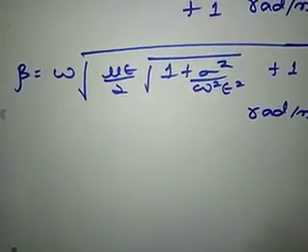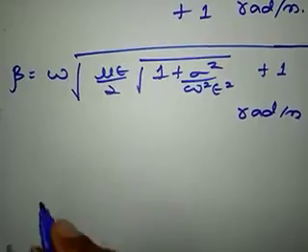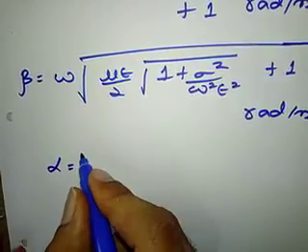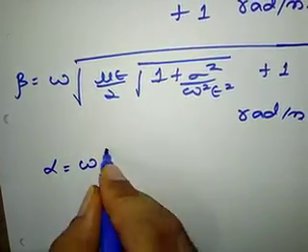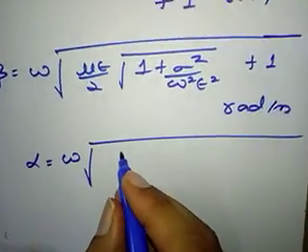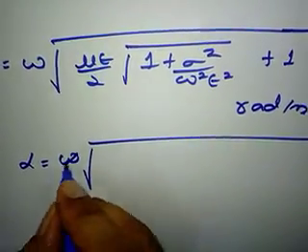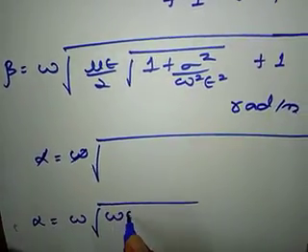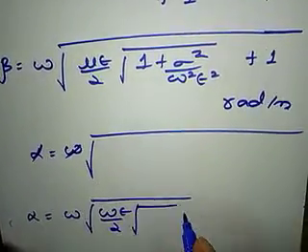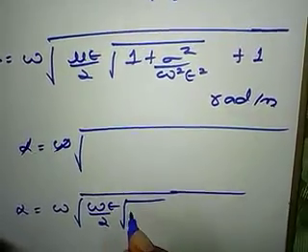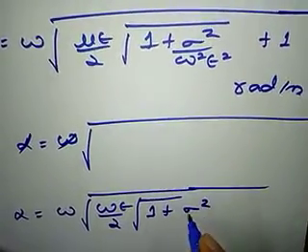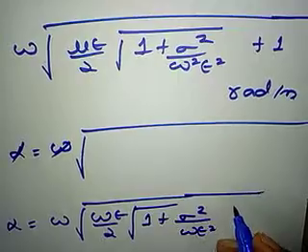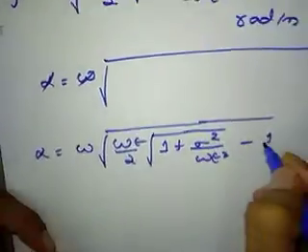Similarly, we can get the equation for alpha also. If we simplify, we will get the equation for alpha. Alpha will be equal to omega into square root of mu epsilon by 2, square root of 1 plus sigma square upon omega square epsilon square, minus 1.